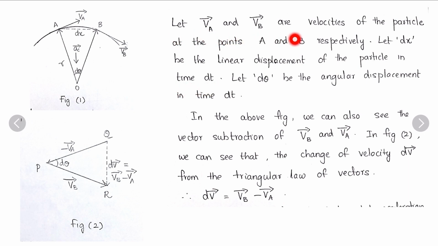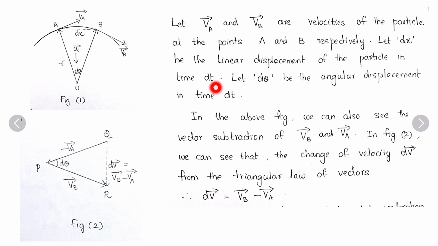Already I told you, at A it is VA bar, at B it is VB bar, and dx is the linear displacement. And let d theta be the angular displacement. This is the angle d theta. And all this took place in a time of dt, so everything happened in the time of dt.